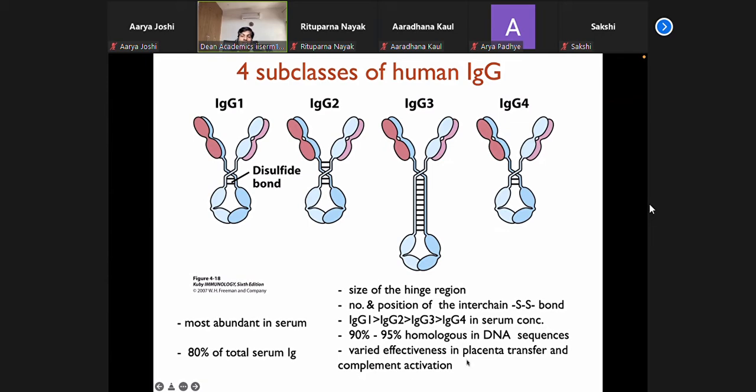So IgG is the antibody which provides protection to neonates, because it can transfer through the placenta. It can activate the complement system. These are two things that you have to be more critical about: they can activate complement and they can be transferred through the placenta. And the most predominant antibody is IgG.